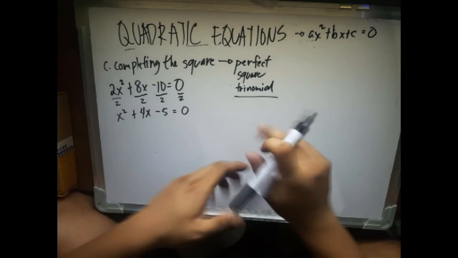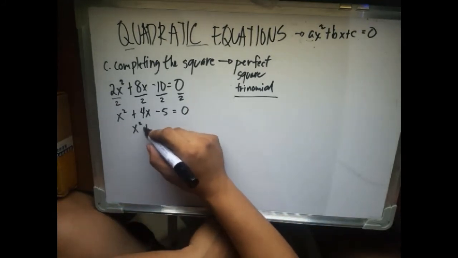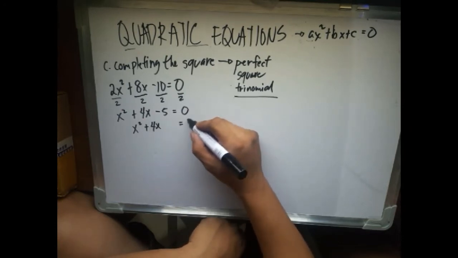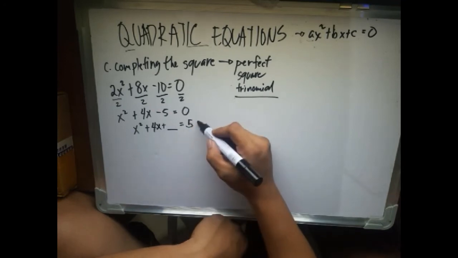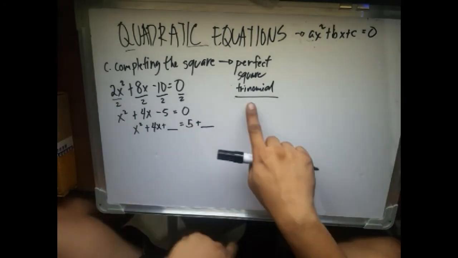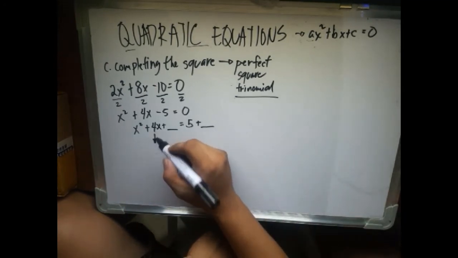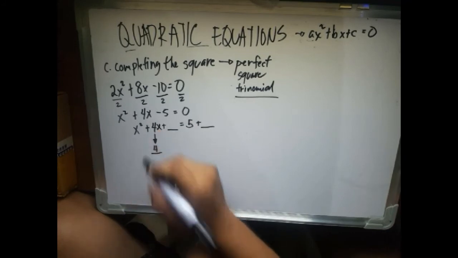So, next, proceed natin siya completing the square. First step, sort natin yung may mga x, retain natin sa left side. Yung walang x, lipat natin sa right side. We will add a blank. So, para saan yung blank? For it to become a perfect square trinomial. Anong i-add natin? Kunin natin si coefficient ng linear term.